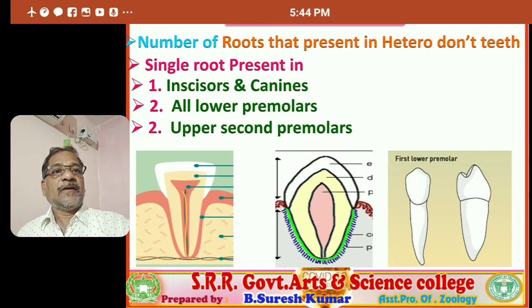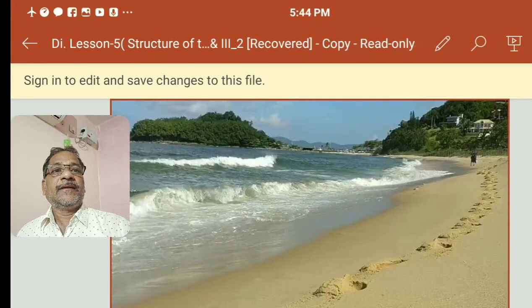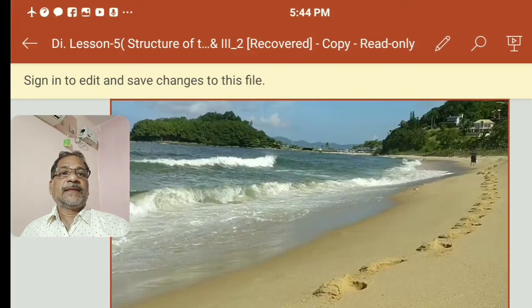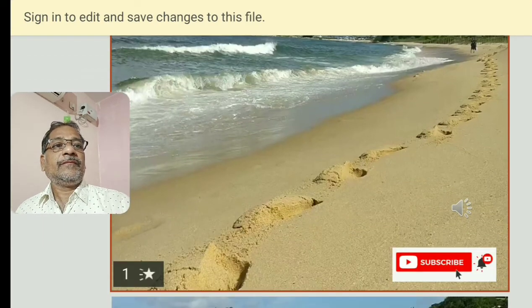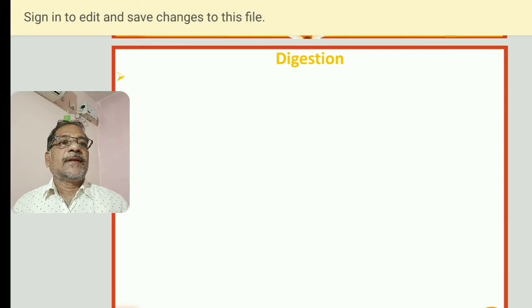Yes, next let us move to another slide. Yes, let us discuss the teeth that contain two roots. The content is not found in the slide, so now I am going to explain orally.